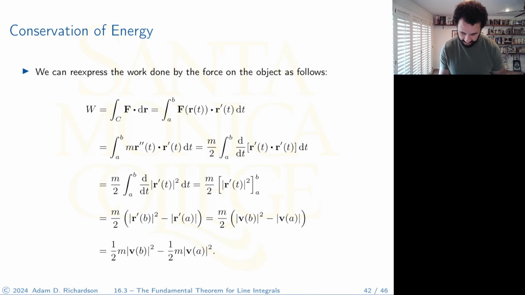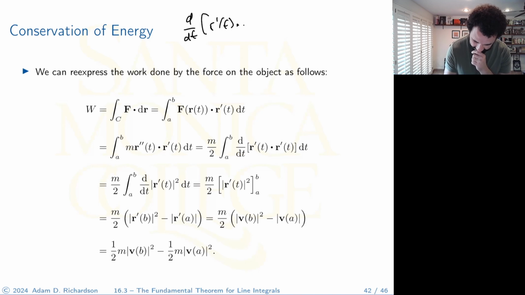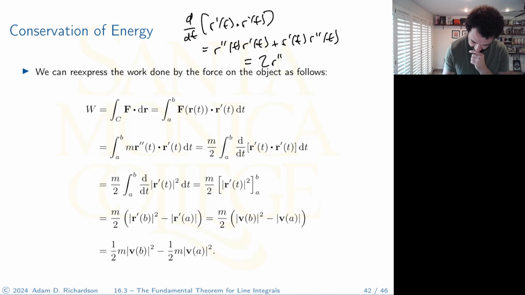So maybe I'll just write it out. d/dt of r prime of t dot r prime of t is equal to r double prime t dot r prime t plus r prime t dot r double prime t, but that's just equal to 2 r double prime t dot r prime t.